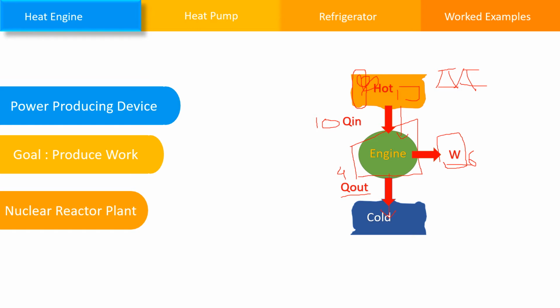That energy is given to the engine and it produces mechanical power output, and the engine also rejects heat to the colder surroundings. So any power producing device using a heat engine can fit right into it. Most power producing devices fit into the definition of a heat engine. There are some which we cannot fit in here, but we will see them later. So almost all of them fit here.